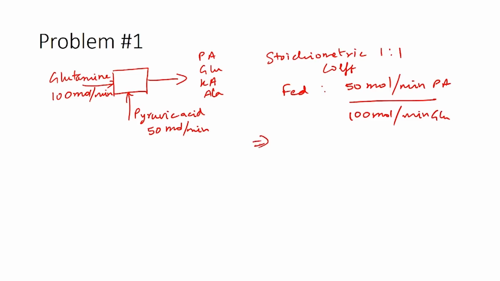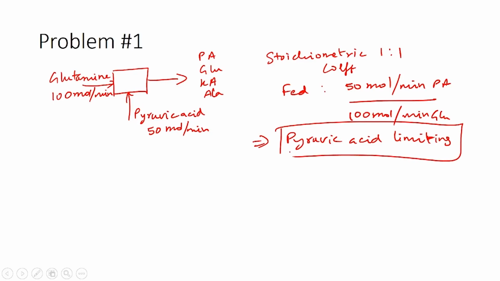So this means pyruvic acid is the limiting reactant and glutamine is being supplied in excess. So the first aspect we have calculated.